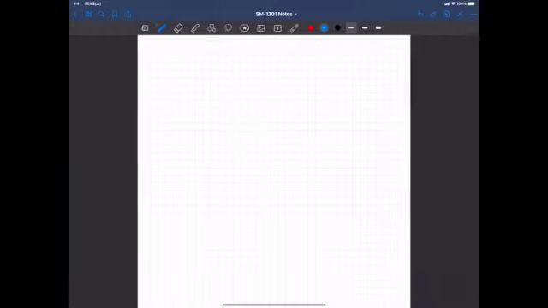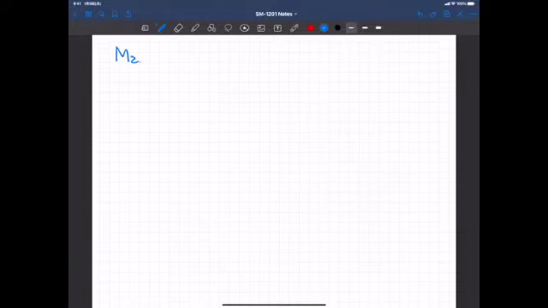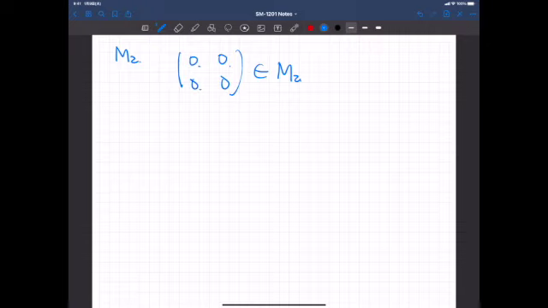Next, consider M2, that is, 2 by 2 matrices. First of all, the 0 matrix, where all elements are zeros, has no inverse. So, why?